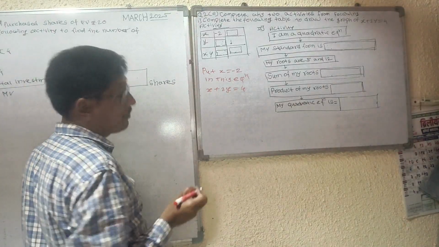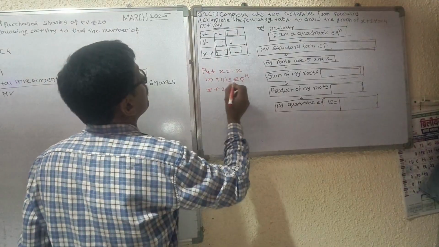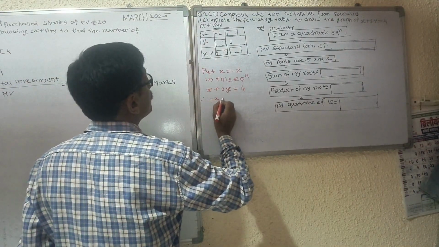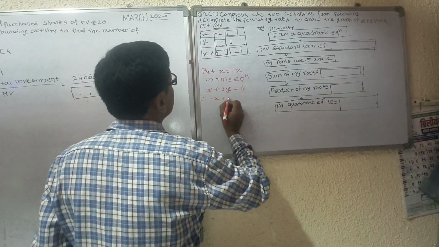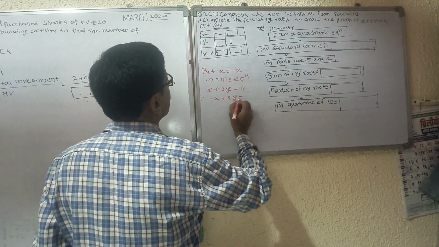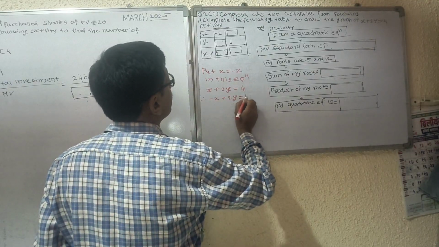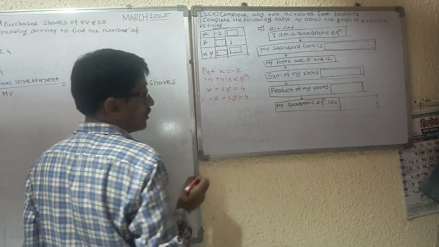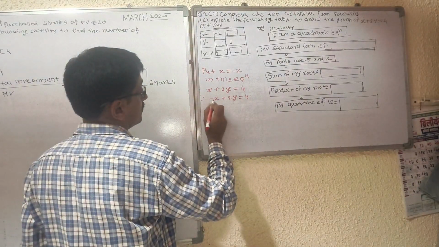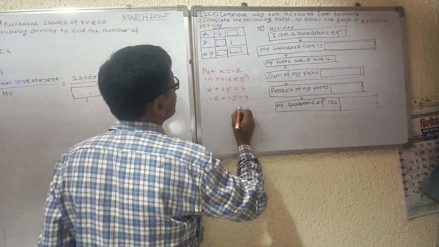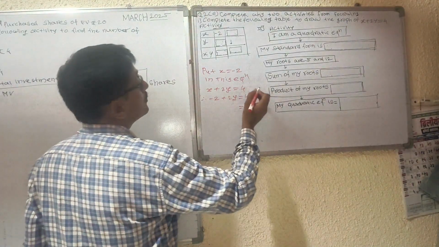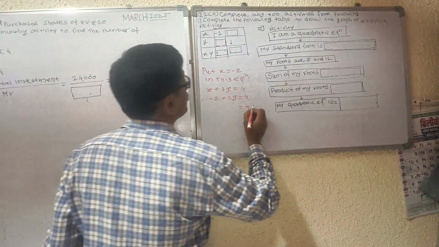What is the value of x? x is equal to minus 2. Here x is minus 2, plus 2y as it is, equal to the right-hand side same. We have to calculate y. The inverse of minus 2, going to the right side, is plus 2.